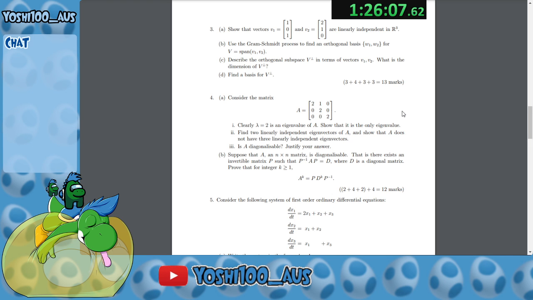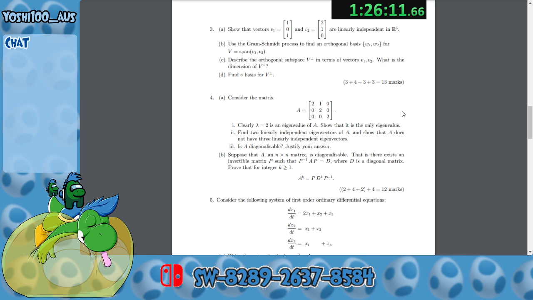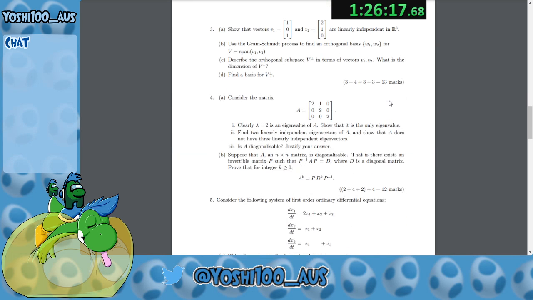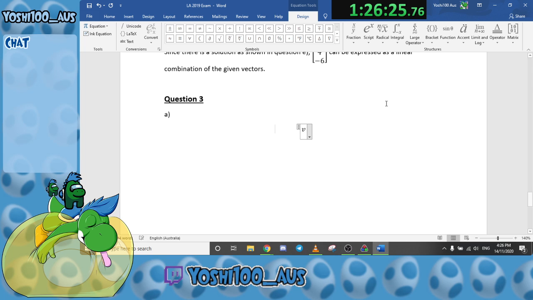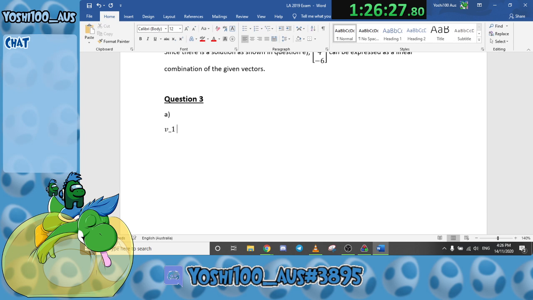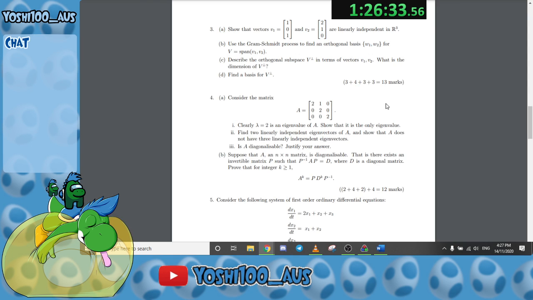Well, you can just say that V1 is not a scalar multiple of V2, right? So they are linearly independent. That's 3 marks though, and these are 2 marks. Is that all you have to say? That's right, isn't it? V1 is not a scalar multiple of V2.